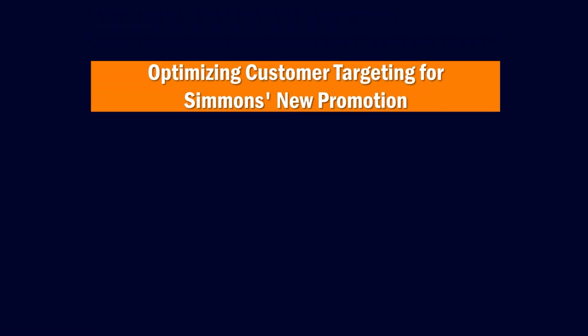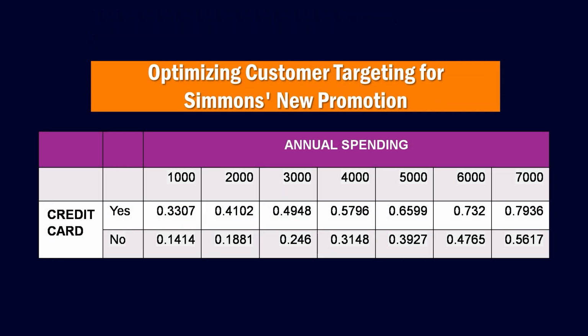So let us optimize this information. How can we target customers for Siemens' new promotion? So what we've done is we've taken seven annual spendings of 1,000, 2,000, 3,000, 4,000, 5,000, 6,000 and $7,000. What we can see is the customers who have a Siemens credit card are more likely to use the coupons.